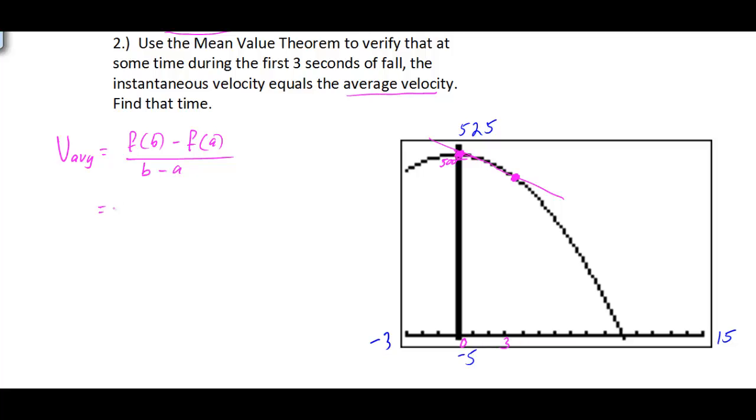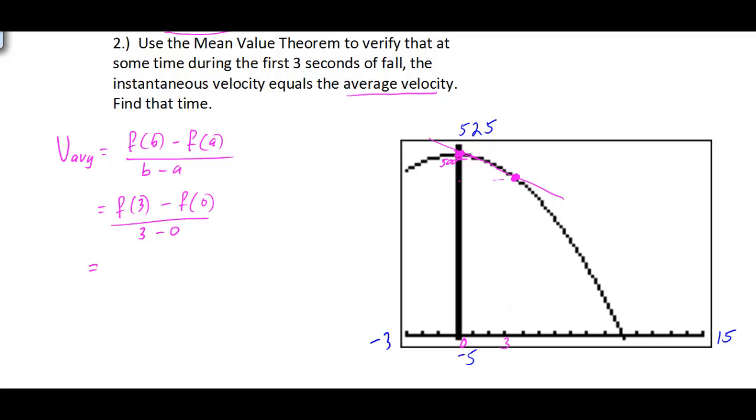So that means we need to evaluate the function at f of b, which would be 3. So f of 3 minus f of 0 over 3 minus 0. So once again, that means we're going to plug 3 into our position function. So if we do that here, what are we going to get?